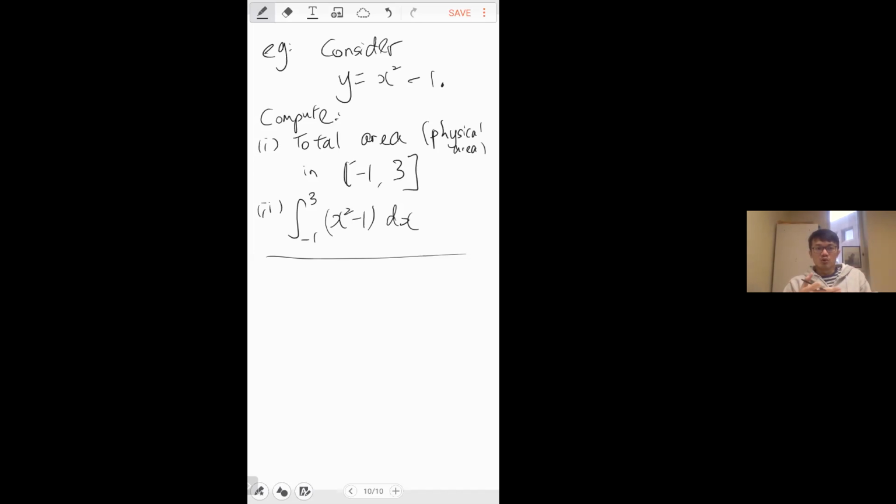That means you will be counting the region below x as positive area for total area, whereas for the second part, when you're computing the definite integral from -1 to 3, you would be counting the area below x as negative area. Make sense?